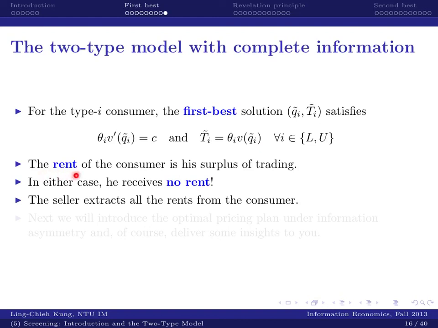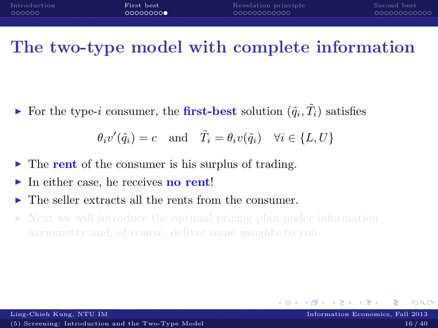We define a term rent to be the consumer's surplus of trading, or how much the consumer earned in this trading. And under complete information, in any case, the consumer can earn nothing. The seller can extract all the surplus or all the rents from the consumer because the seller really sees the consumer's type.